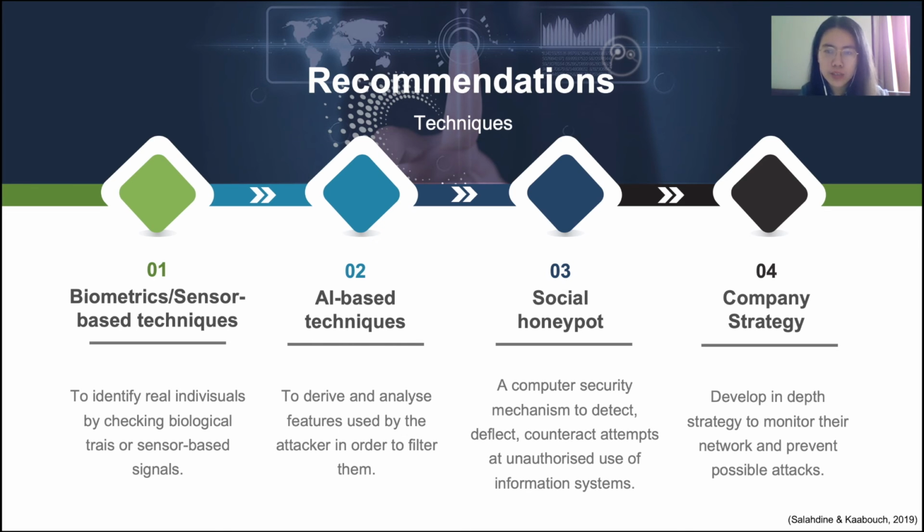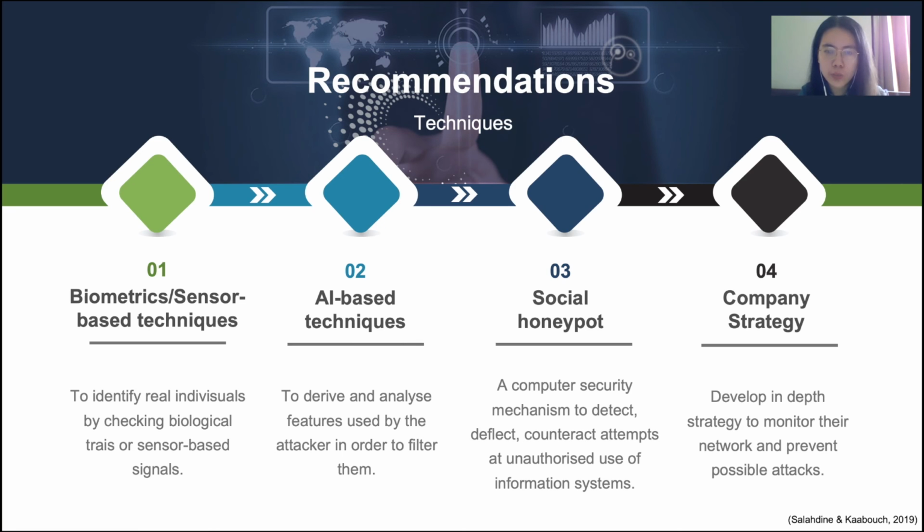Biometrics or sensor-based techniques aim at distinguishing real persons from fake profiles through their biological traits or sensor-based signals. Similarly, AI-based techniques like machine learning algorithms can analyze the potential characteristics of phishing attacks in order to derive a number of features used by the attacker.